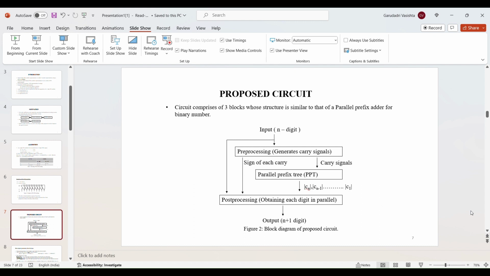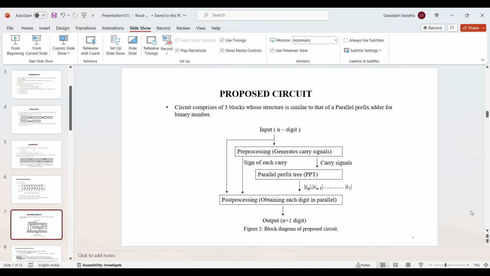In pre-processing, we are giving all our 9 bits, like all our n bits, which we are representing in 0 0, 0 1 and 1 1 kind of form. So the pre-processing block will generate two signals, one with the sign of each carry, which we are calculating in parallel for all the carries, and the other one is the carry signal, which is generate, propagate, and anti-propagate.